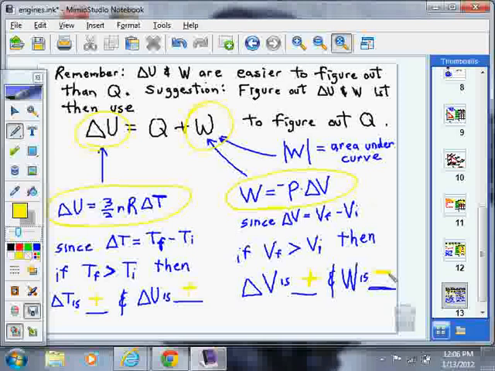There are formulas where you can actually take Q equals MC delta T, and you can revamp it into this thing called Q equals NC, capital C, delta T. But it's a pain. What I suggest, and I haven't seen a problem yet that doesn't allow you to do this, always solve for delta U and W first, and then use the formula to work backwards to get your Q.